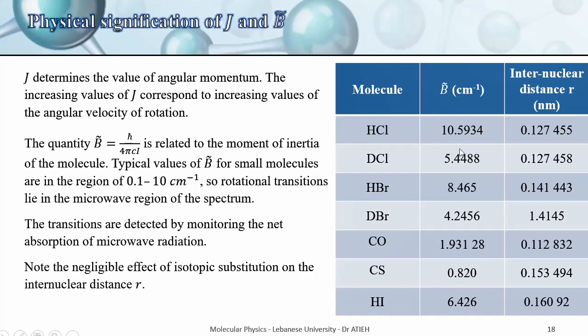So these are the values of B bar. And this is the internuclear distance. And you can also note from this table that if we replace an atom by its isotope, here we replace hydrogen by deuterium, the internuclear distance has barely changed. So replacing an atom by its isotope has negligible effect on the internuclear distance.